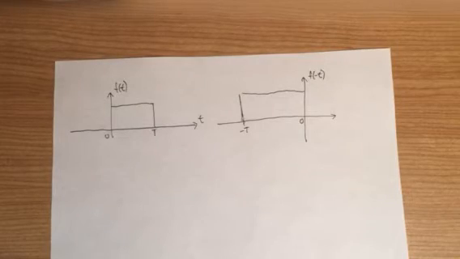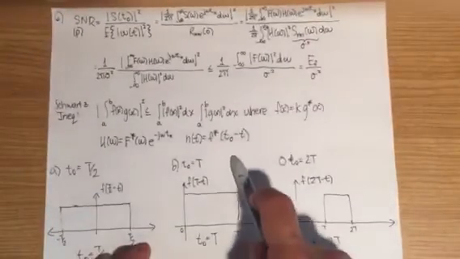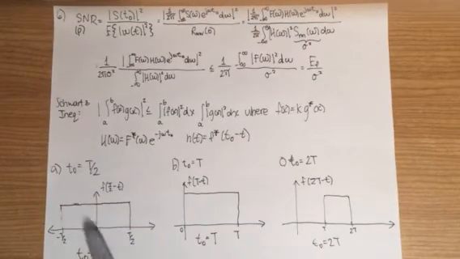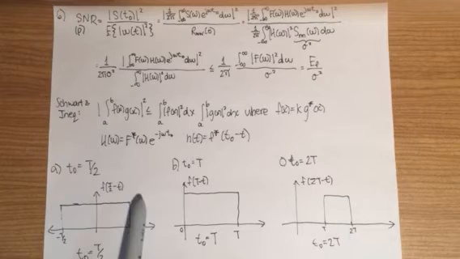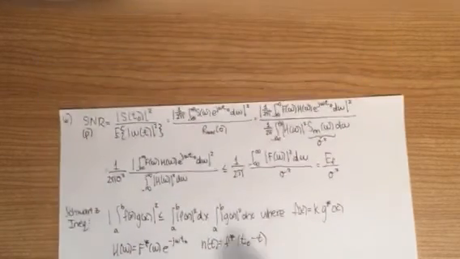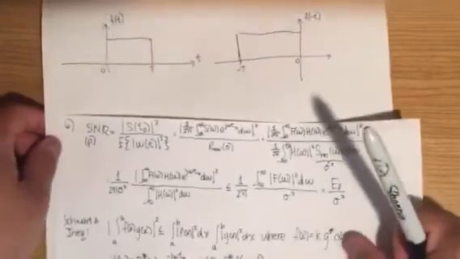And so following this equation over here, we have f of T over 2 minus t. So basically you flip that over and you move it. So, right, your original one is here. Let me see how I can do this.